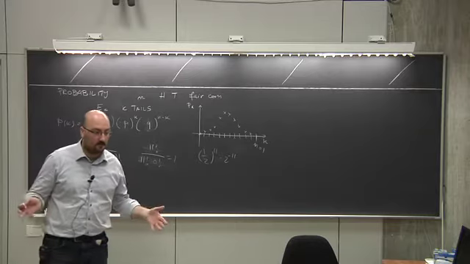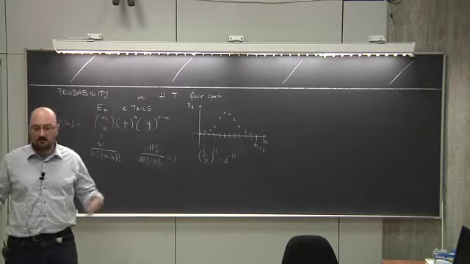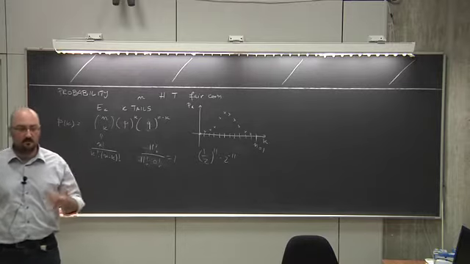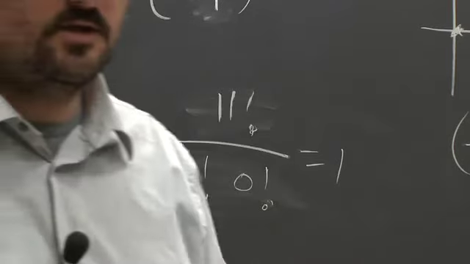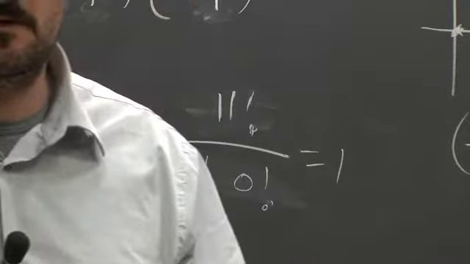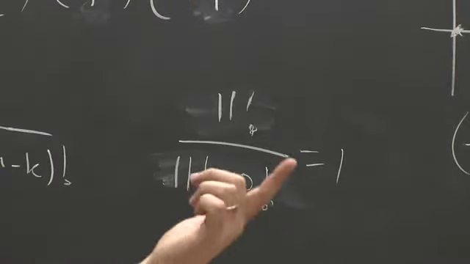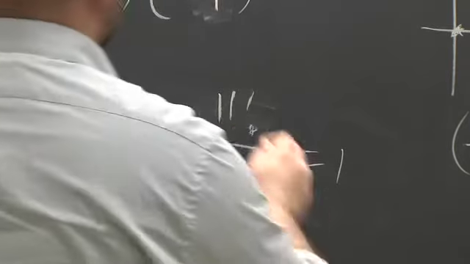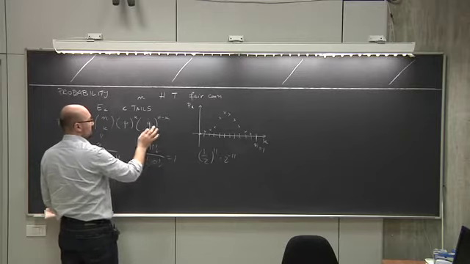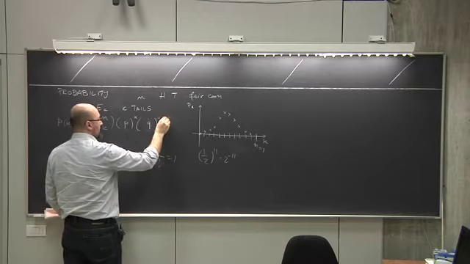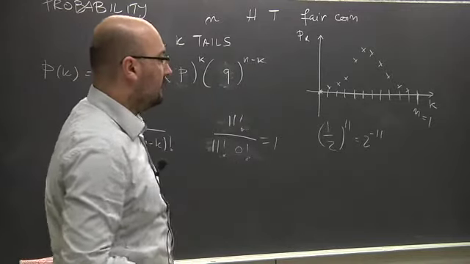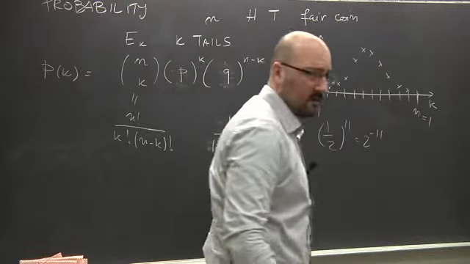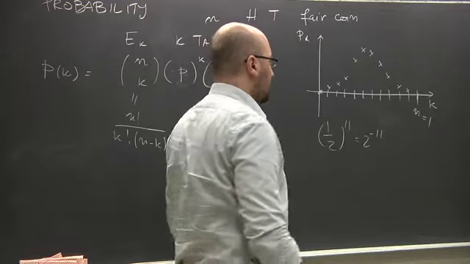If you have all tails or all heads, there is no other configuration that you can get by permuting. Any permutation you do, you will end up with the same. So there is only one configuration that corresponds to this, so this is correct. This will be 1, and this will be p to the 11, which in the case of a fair coin is again 2 to the minus 11.